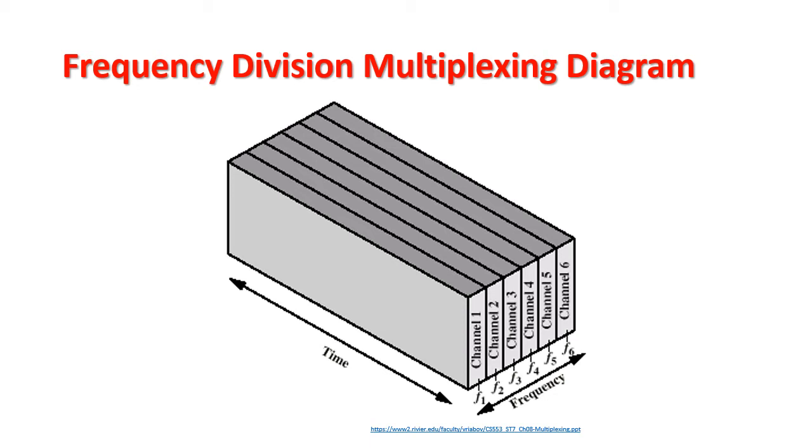So in terms of frequency, we can see that the path is divided into different channels, each of which has frequencies that aren't overlapping. And for purposes of avoiding interference, guard bands are used.